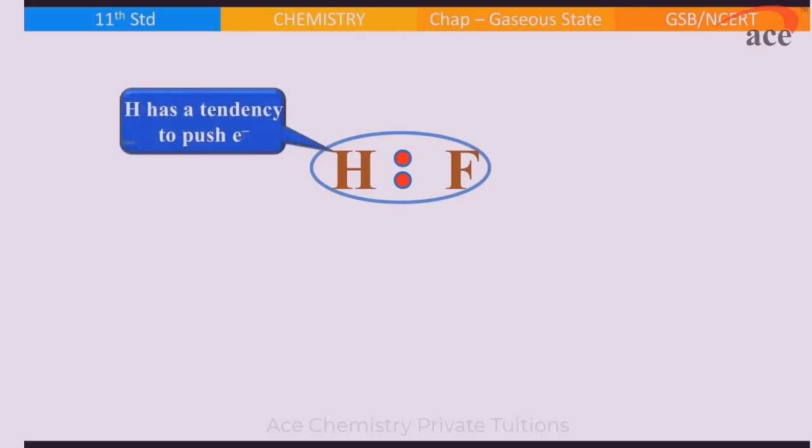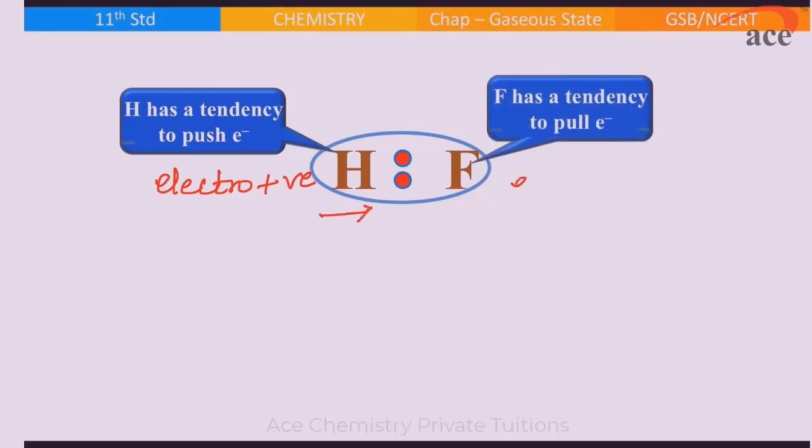But in reality, what happens? They do mutual sharing, but hydrogen says I am electropositive, and if I am electropositive, I have a tendency to push electrons. Fluorine says I am electronegative, so I have a tendency to pull electrons towards me.